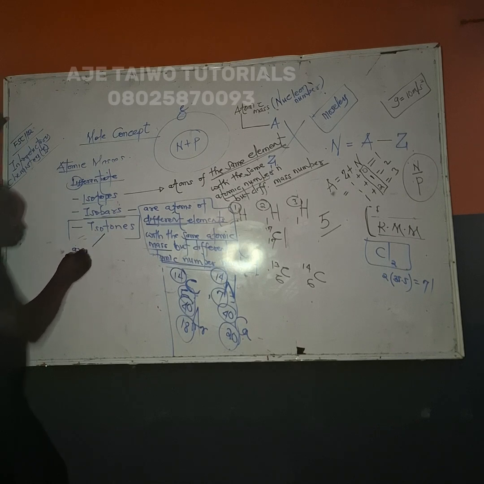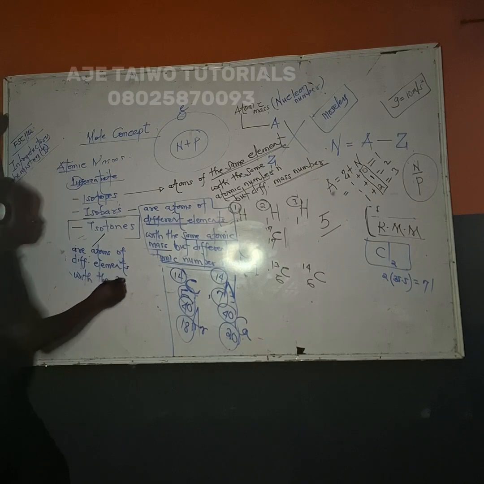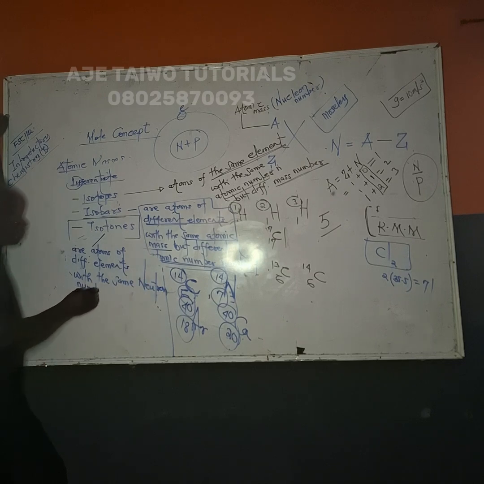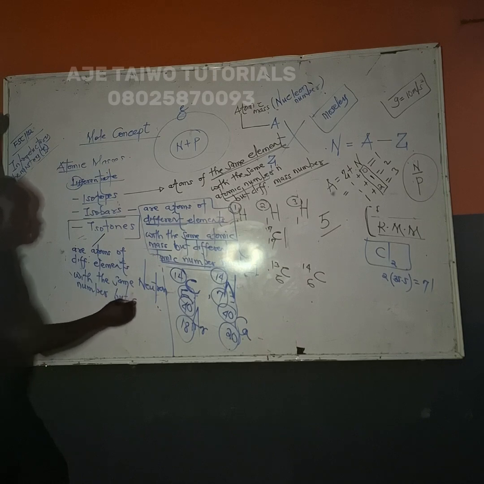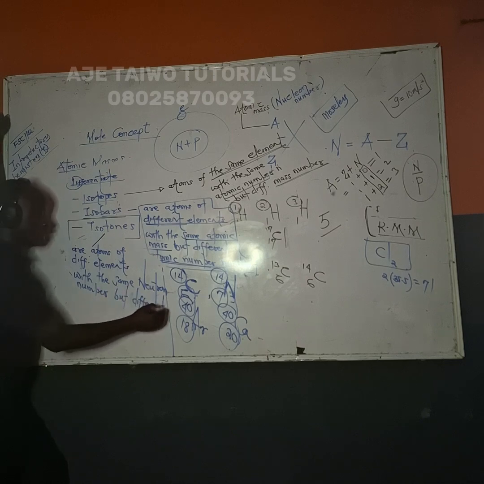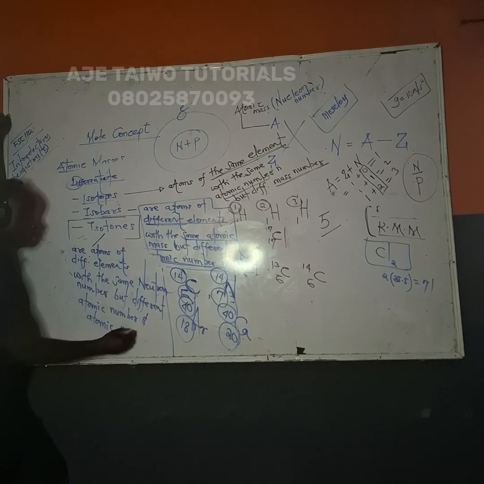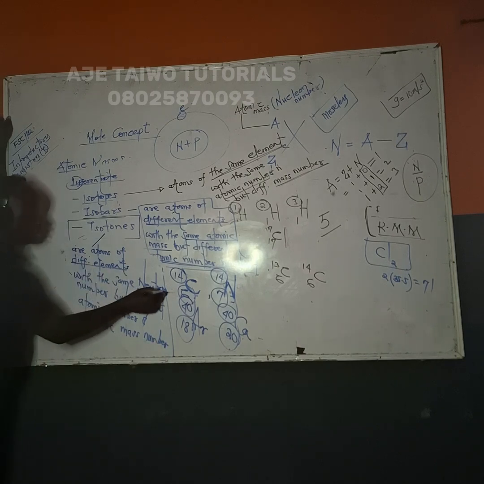They are atoms of different elements with the same neutron number, but different atomic number and mass number.